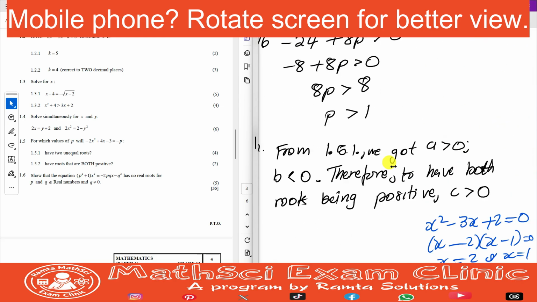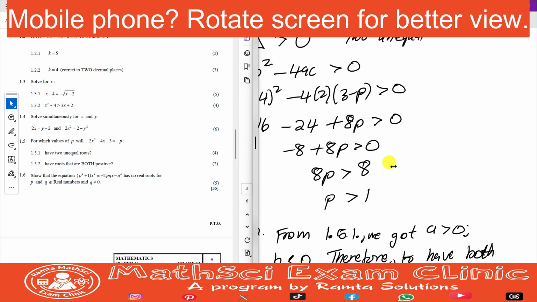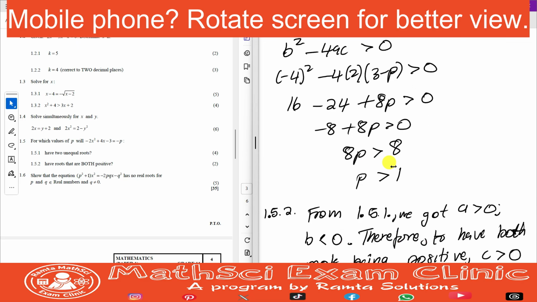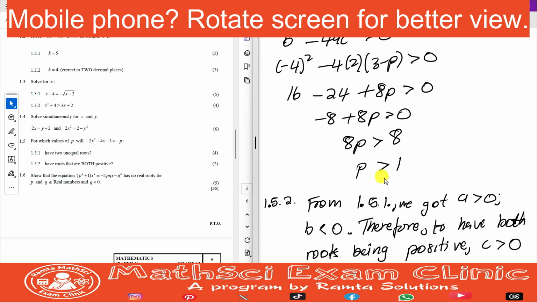Let me show you. I'm going to go back to 1.5.1. When the roots are equal, p will be equal to 1. Remember, we change the inequality to equality. So you can see when the roots are equal, p equals 1.